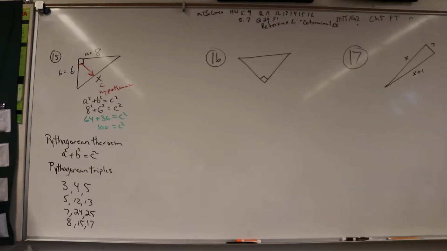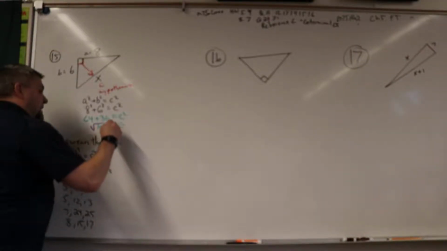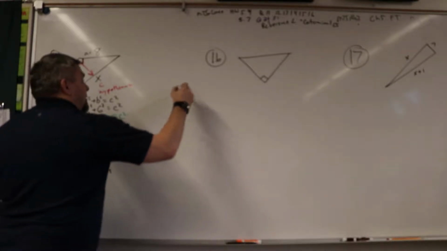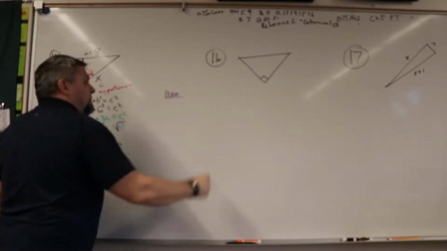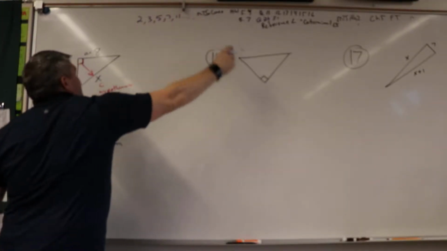Now we want to break down the 100, so we're going to take the square root of both sides. The way I like to do square roots is I break them down with my primes. My primes are 2, 3, 5, 7, 11, and so forth.